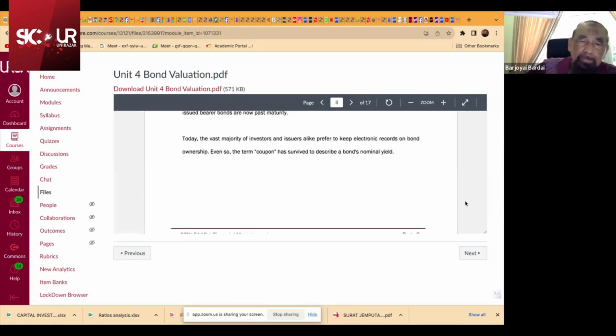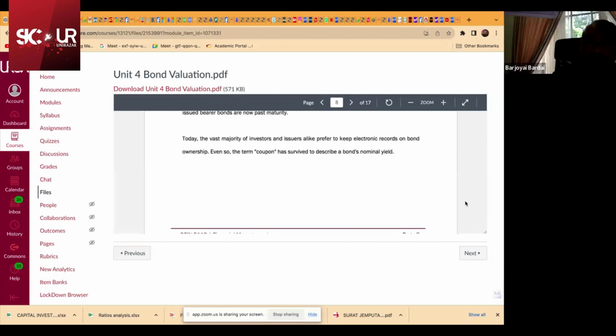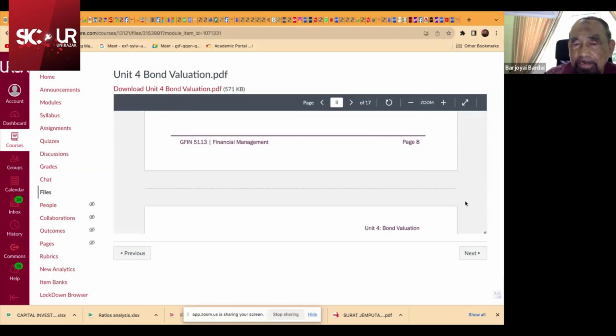Today, the vast majority of investors and issuers alike prefer to keep electronic records of bond ownership. Even so, the term coupon has survived to describe the bond's nominal yield.